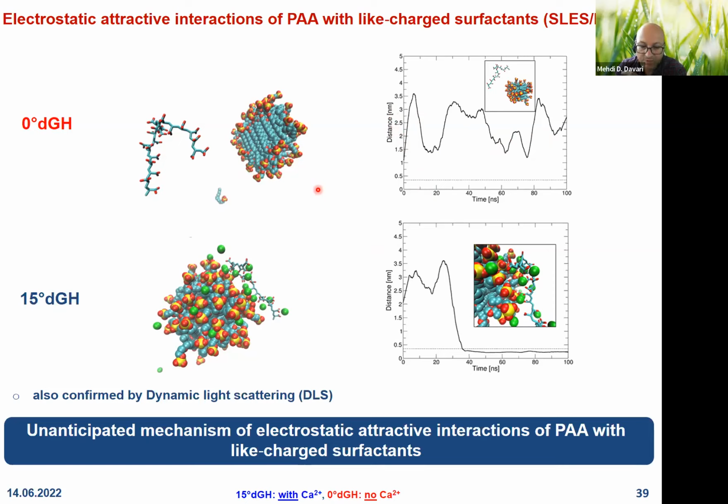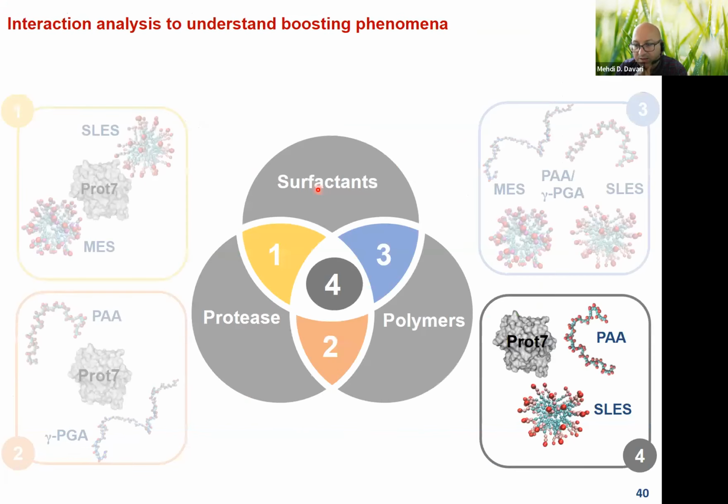So based on this, we propose that we also have a kind of unanticipated electrostatic attractive interaction between two similarly charged surfactant and polymer, and they form some sort of nanoreactor. This nanoreactor might be responsible for higher solubility and increase of the efficiency. So now, after studying every single system, we look at also 3 systems.